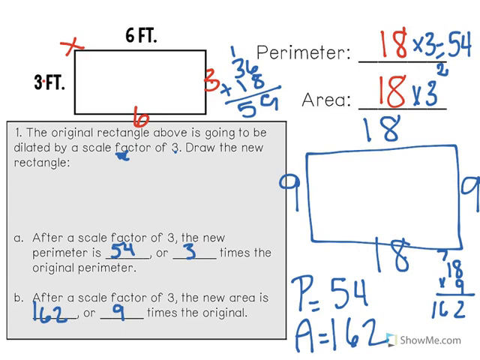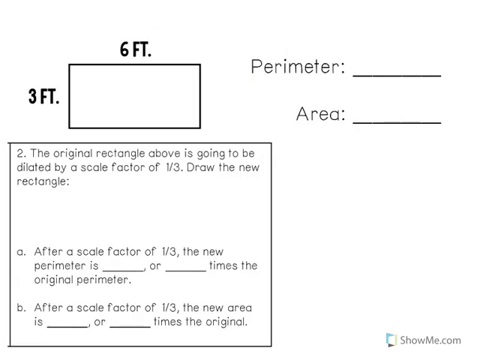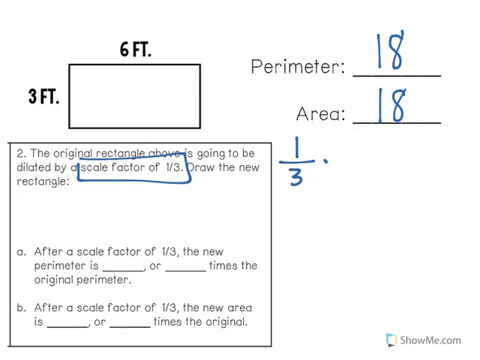Let's try another one. Here we have the same rectangle. We know our perimeter is 18 and our area is 18. But now my scale factor is 1/3. So I know 1/3 times 6 is equal to 2.